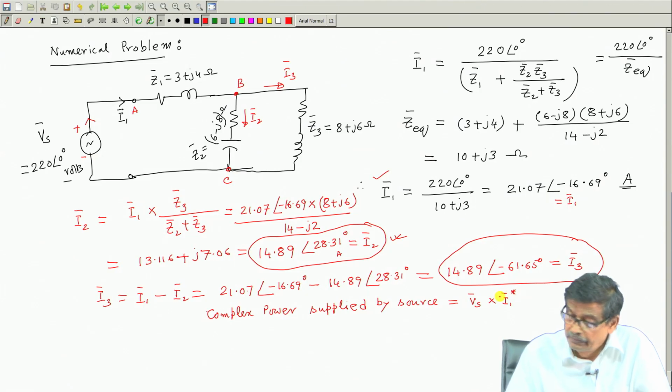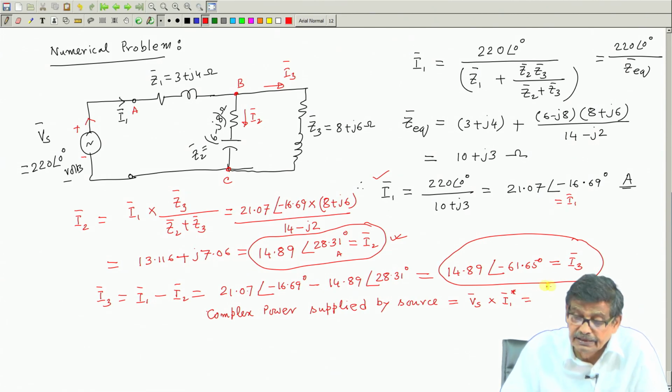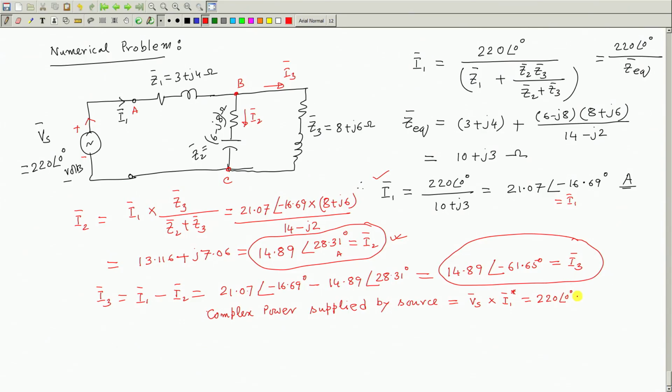That is what I have to do to calculate the power supplied by the source. V s is 220 angle 0 degree into I 1 star. Here you should be careful, I 1 has angle minus 16.69, so it should be 21.07, and the angle you flip, if it is minus it has to be plus, complex conjugate. That is what you have to do.